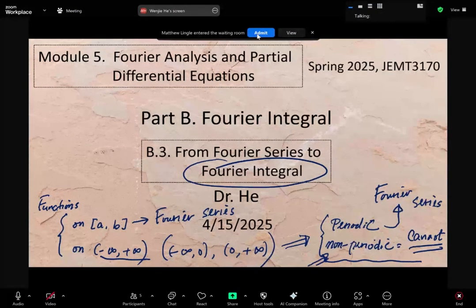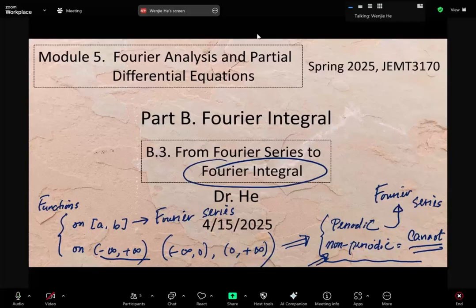So a new method is really needed to represent this large class of functions. For that reason, we move to this topic: Fourier integral.